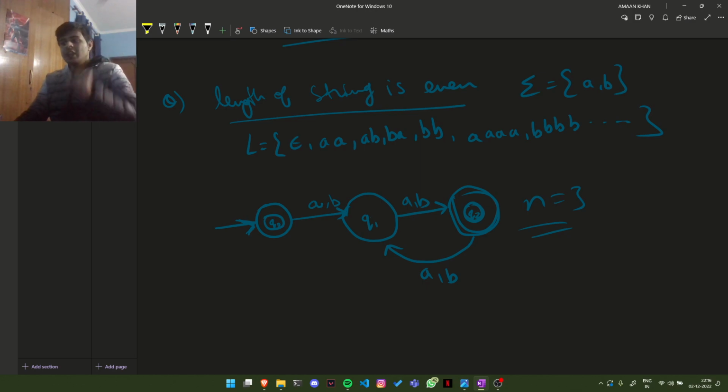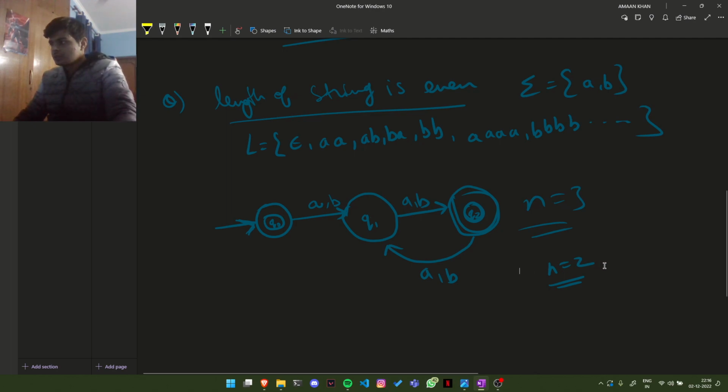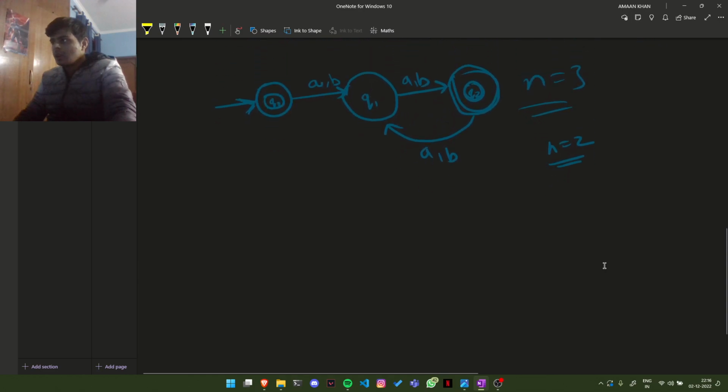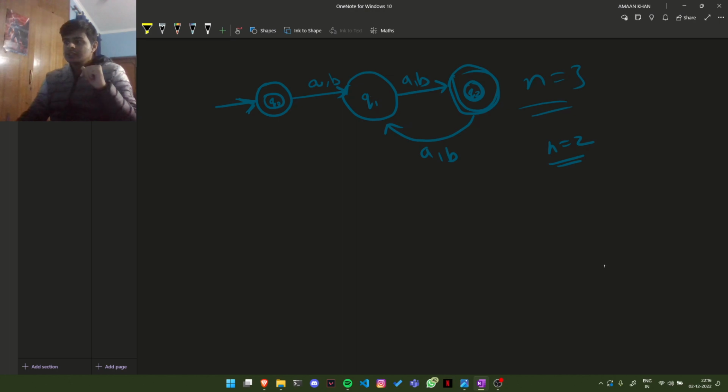For this question, I can design the same DFA with not 3 states. I can do it in 2 states easily. I'll show you the solution to get an idea of what I am saying. So I will design this same thing using 2 states instead of 3. The first state is going to be final as usual, and then this is my q1, with a, b going to q1, and a, b coming back.